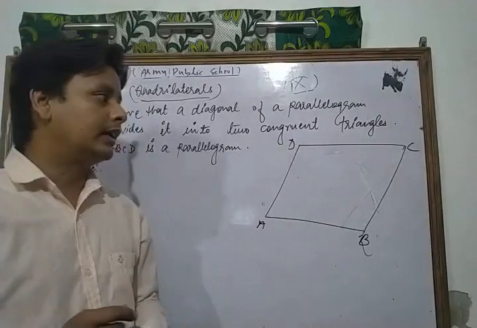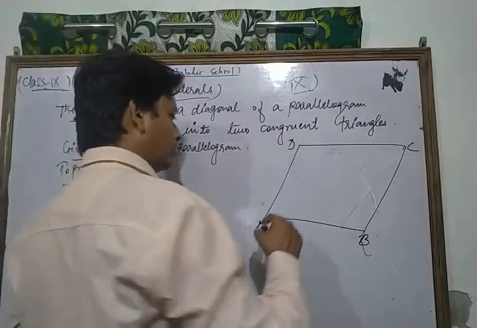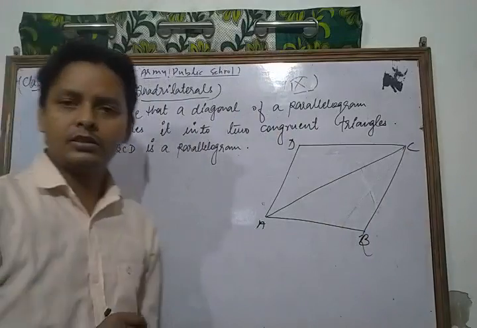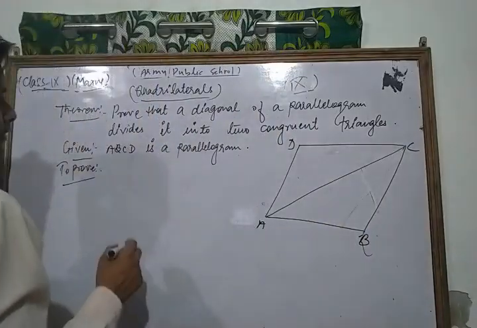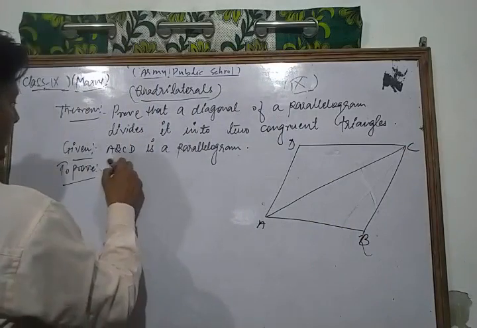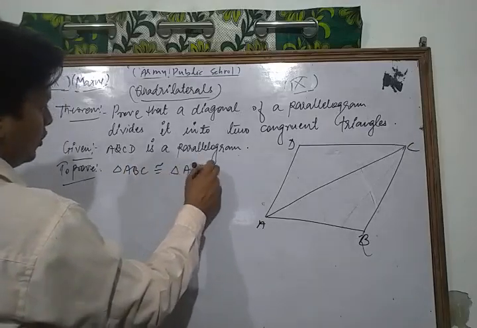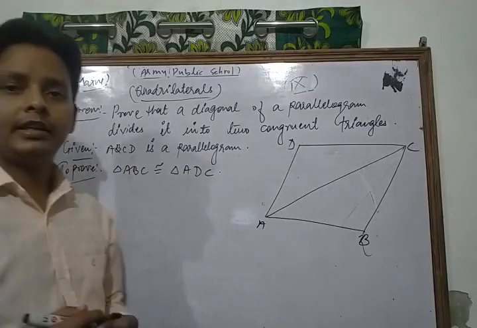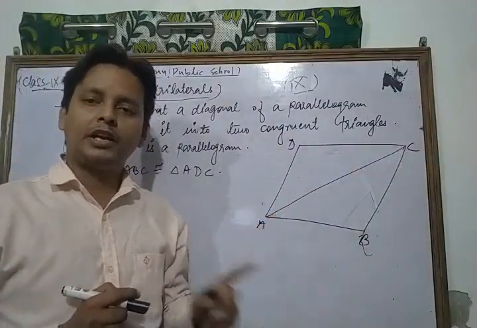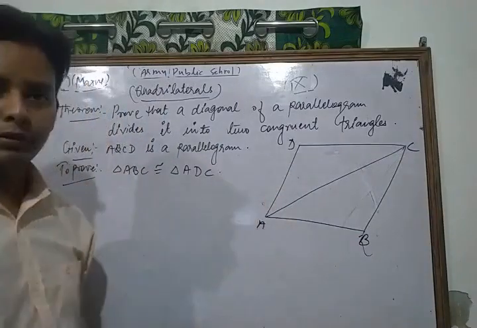What is a diagonal? A diagonal is a line segment joining any two opposite vertices of a parallelogram. Now we join AC. This is a diagonal, and we have to show that triangle ABC is congruent to triangle ADC.